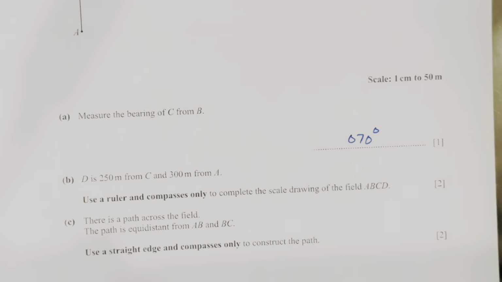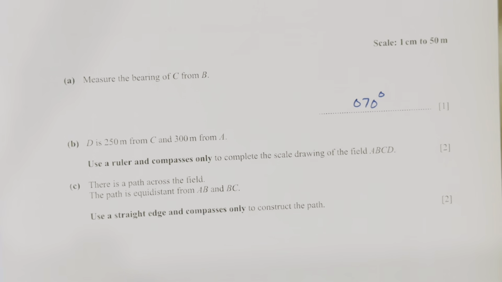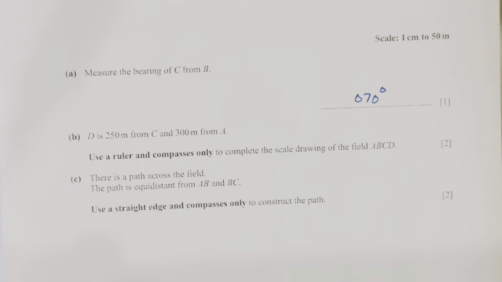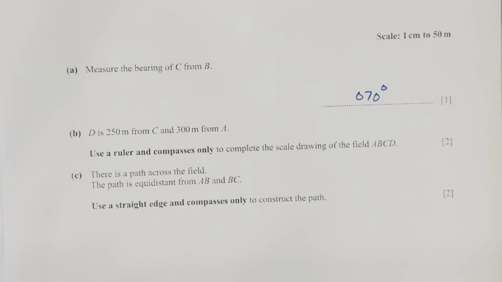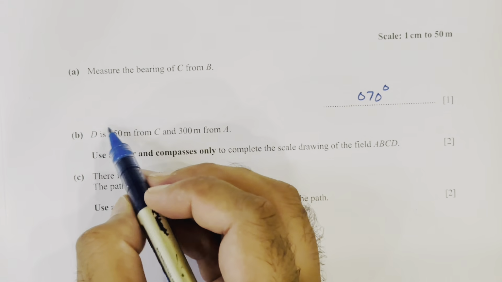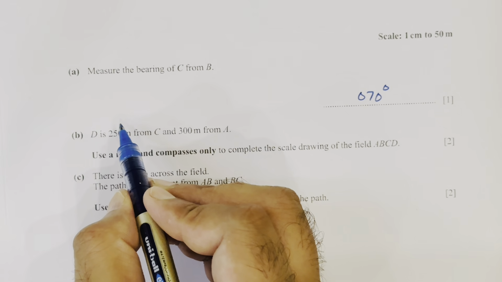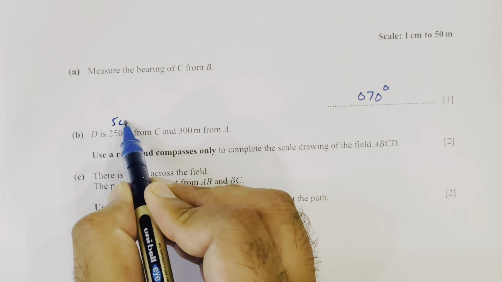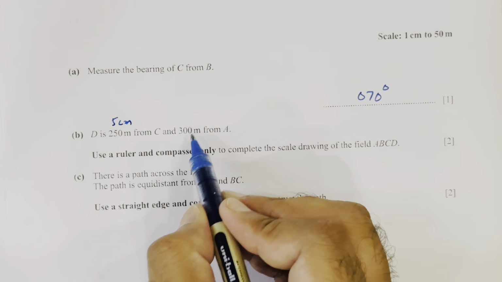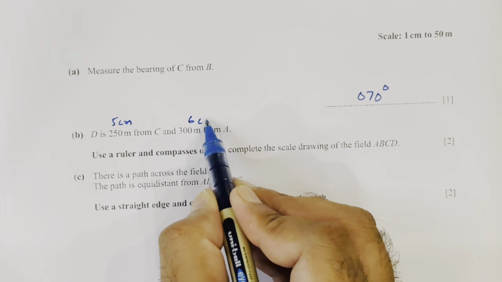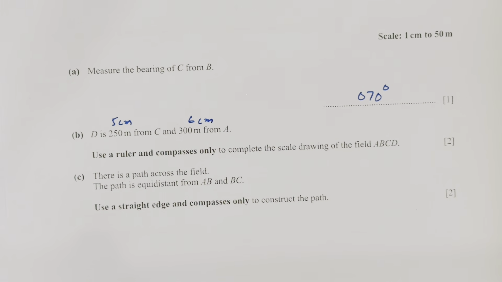D is 250 meter from C and 300 meter from A. So use a ruler and compass to complete the scale diagram. 250 meters means 5 centimeter. You're going to divide by 50, and 300 divided by 50, you get 6 centimeter.